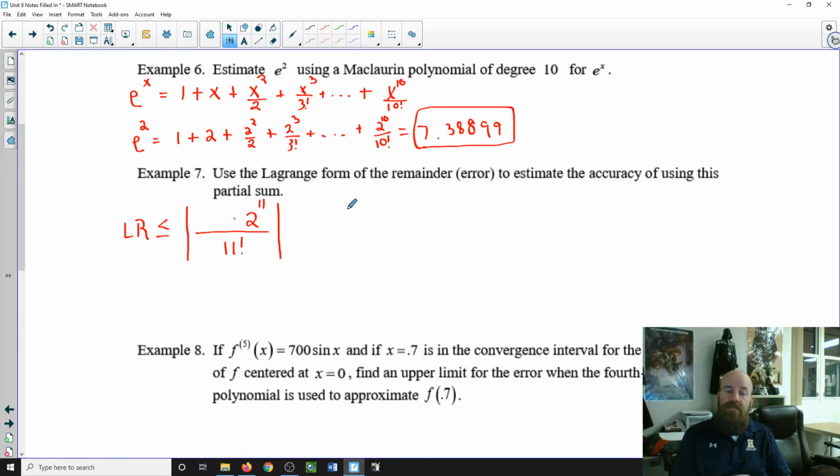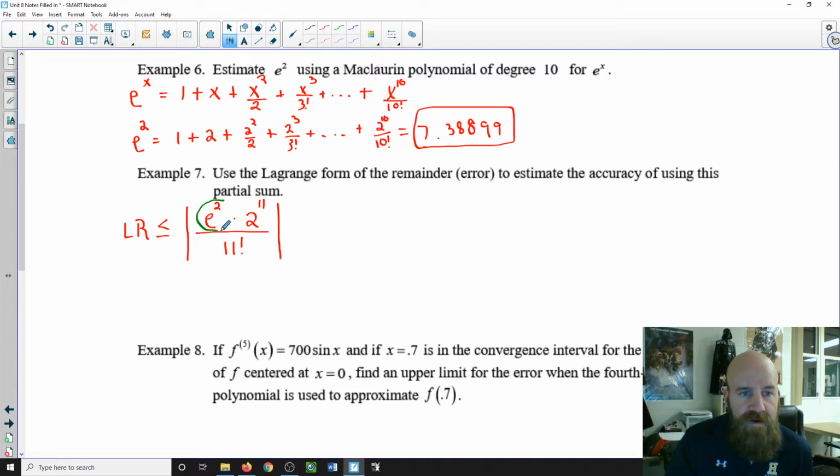It's increasing. So are we at a maximum at 0 or 2? It's going to be 2, because we're growing as we approach 2. So we're evaluating our function at e squared. e squared is the maximum value that e to the x can attain between 0 and 2.